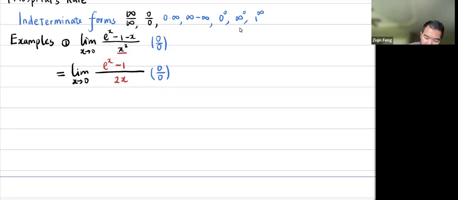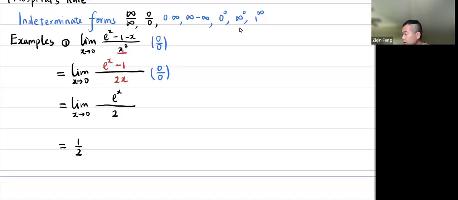By L'Hopital's rule, applying the rule again, as x goes to 0, the derivative of e to x minus 1 is e to x, and the derivative of the denominator is 2, right? Now if you plug in 0, you don't have 0 in the denominator anymore. So this is equal to 1/2. So sometimes we do need to apply L'Hopital's rule more than once.